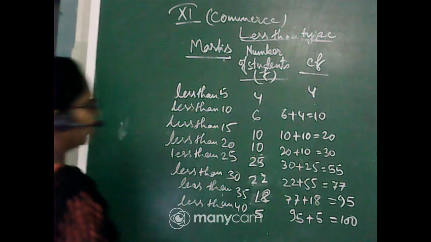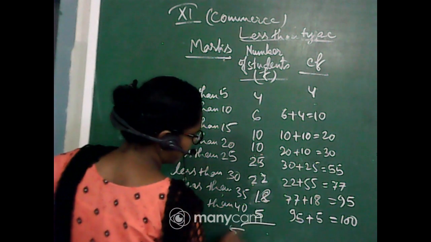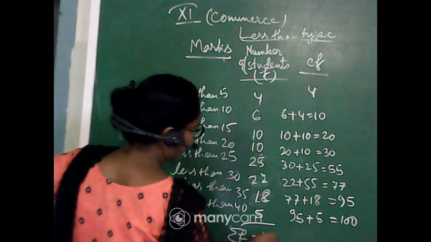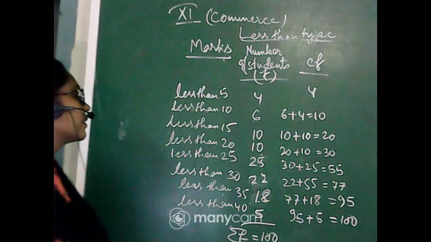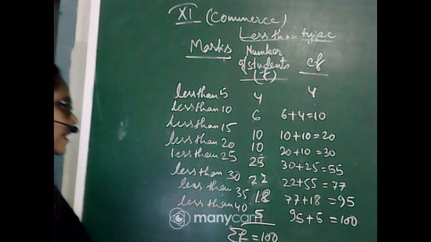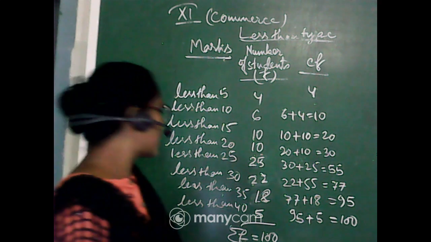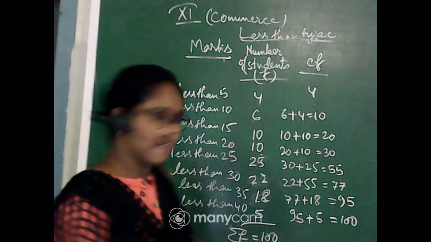So our total summation F is 100 and the last cumulative frequency is also 100.